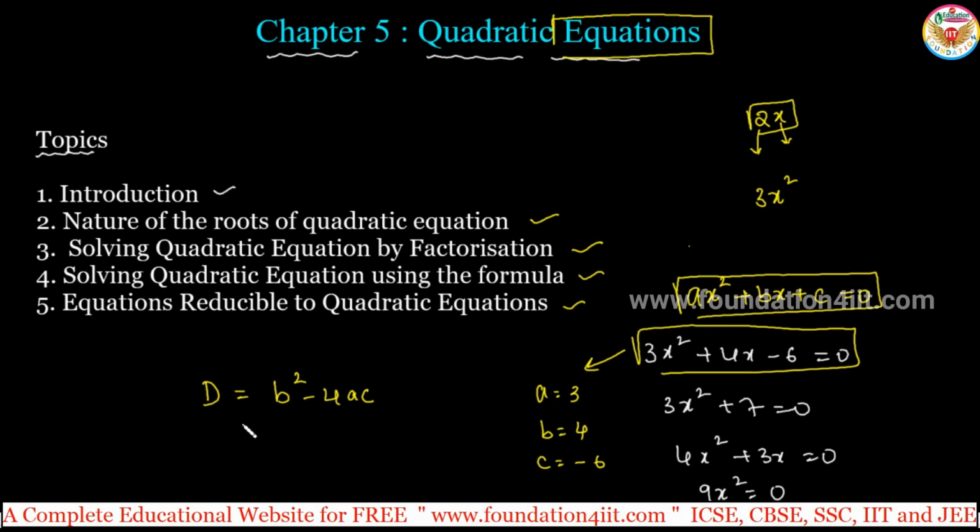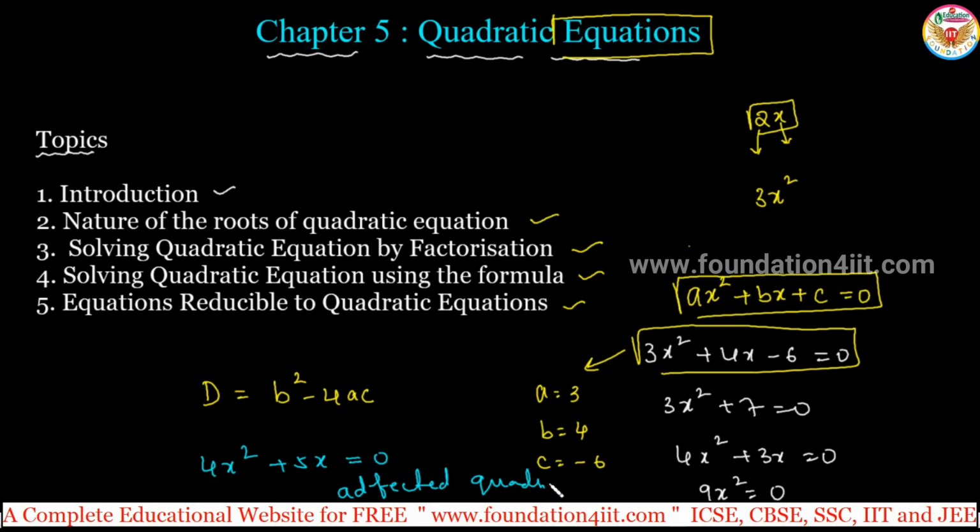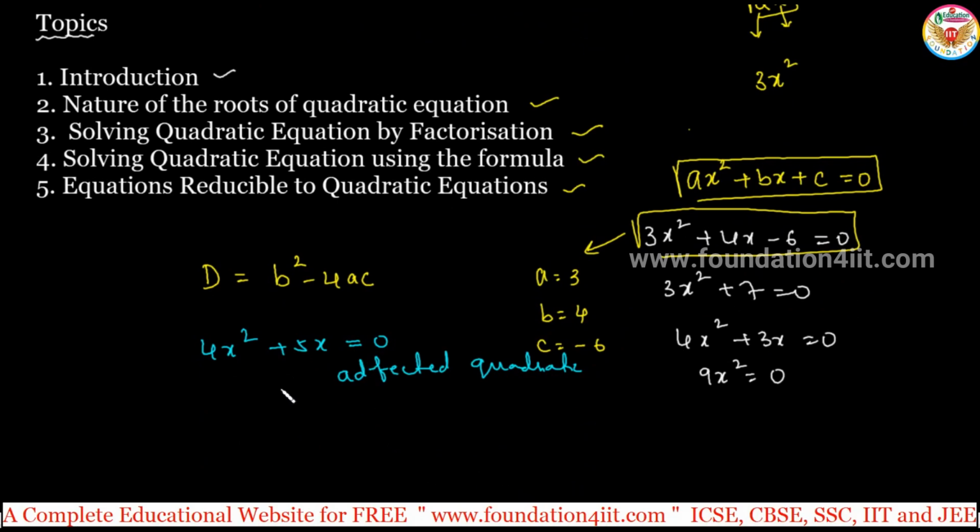If any quadratic equation contains only two terms, one squared term and one first power term, like 4x square plus 5x is equal to 0, that means there is no constant term. This type of example is an affected quadratic equation. That means there is no constant term in this.